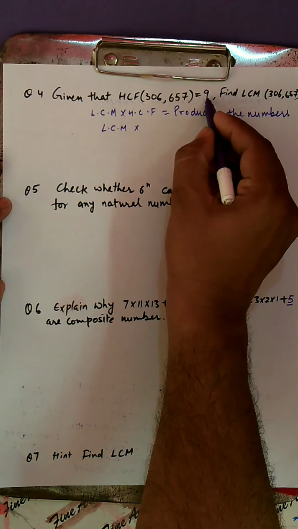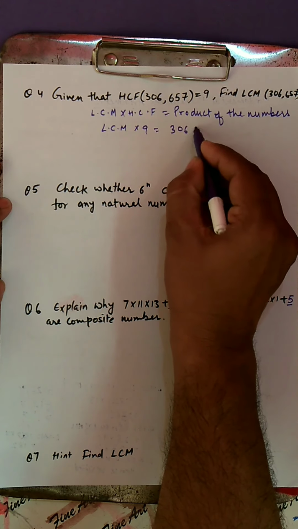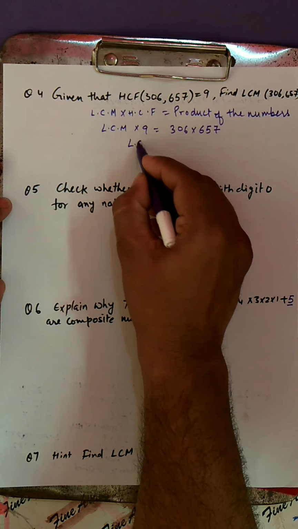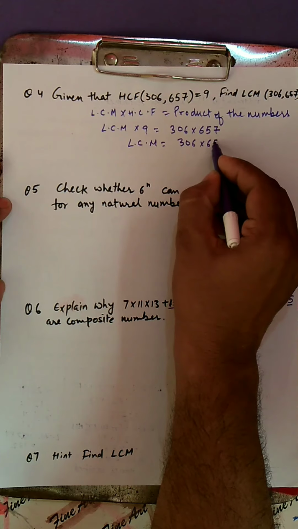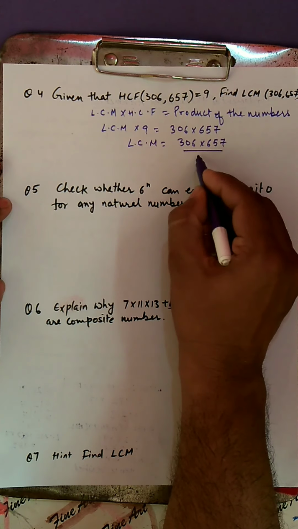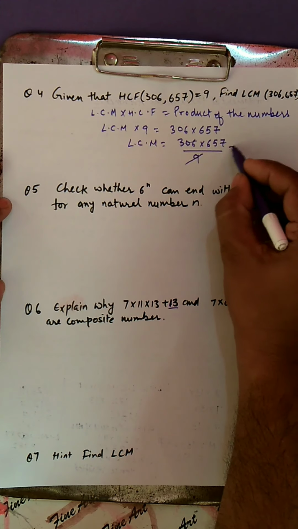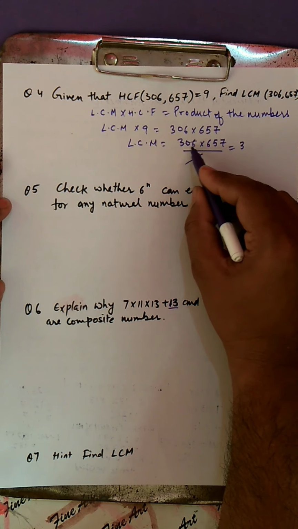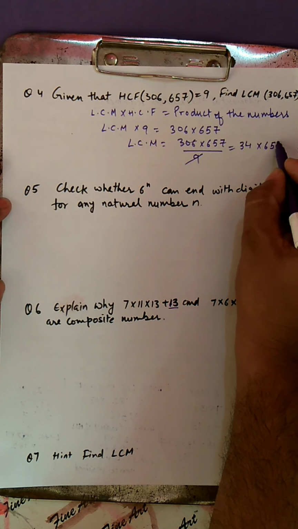HCF is 9 and the numbers are 306 and 657. So LCM will be 306 into 657 divided by 9. You can do this simplification like this: 9 threes are 27, and 36 divided by 9 is 4, and this is 657.